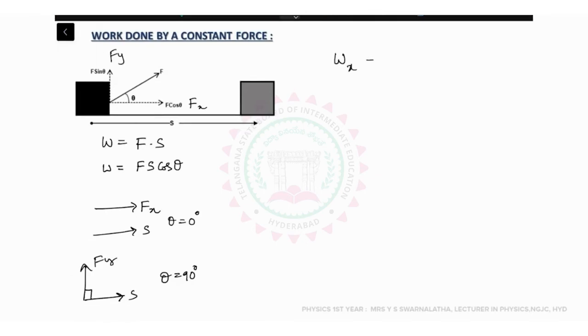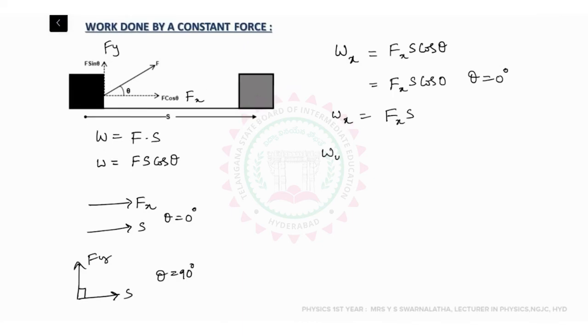We'll calculate the work done by the horizontal component of the force. W అంటే Fs cos theta అని తెలుసు కదా. సో Wx is equal to Fx S cos theta. సో theta బదులు 0 రాసాము. సో cos 0 is equal to ఎంత అవుతుంది 1. సో Wx is equal to Fx S. So in the same way, work done by the vertical component of the force Wy is equal to Fy S cos theta.